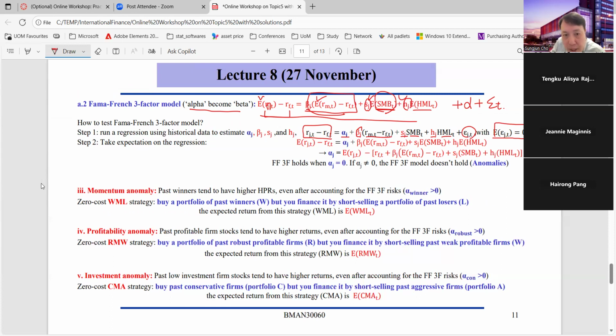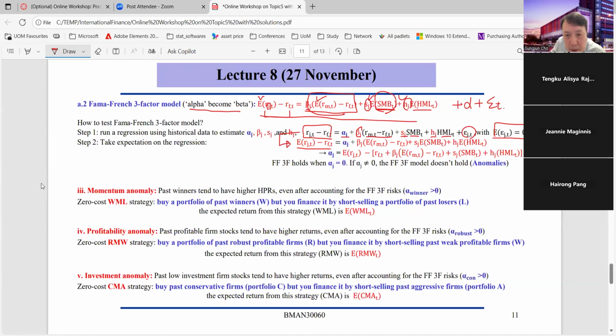Once you get this regression form, we need to think about the meaning of alpha. How do we get the meaning of alpha? Now you take the expectation of the regression. The left-hand side, we have the expectation of RJT minus RFT.